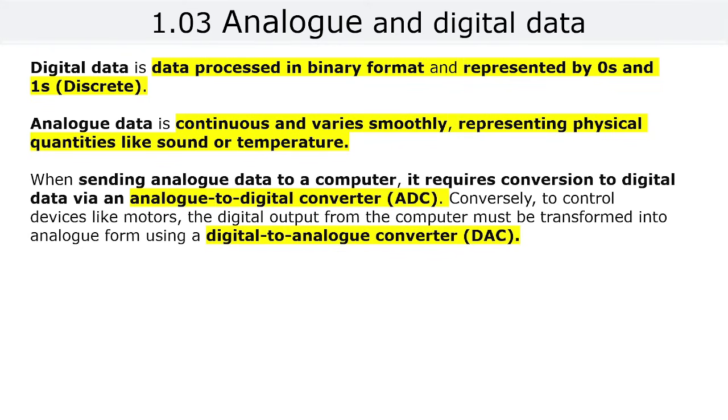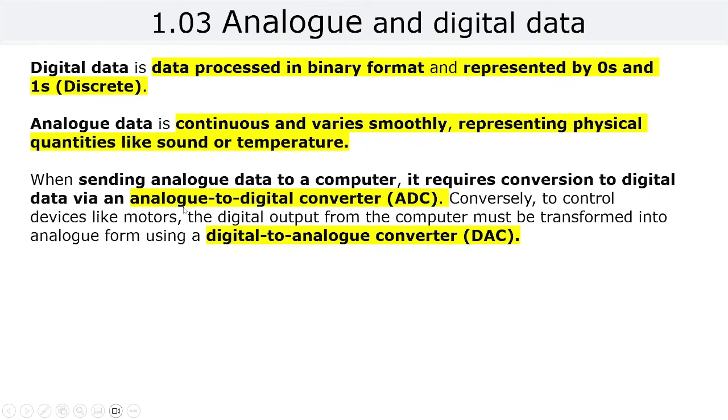Is that okay? So when sending analog data to a computer, computers are not able to understand human language, so it requires that you convert this data into one that the computer understands. So you need an analog to digital converter.